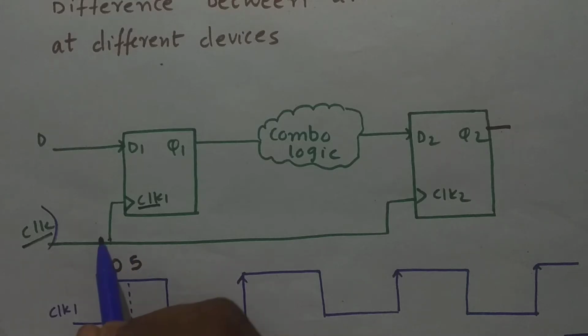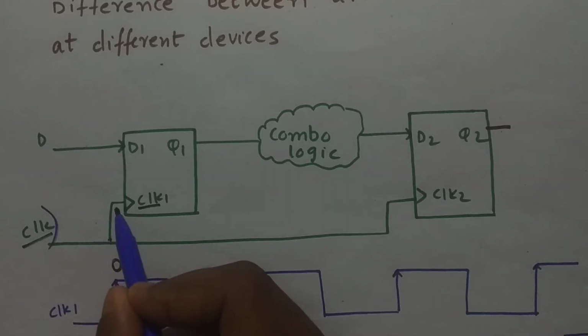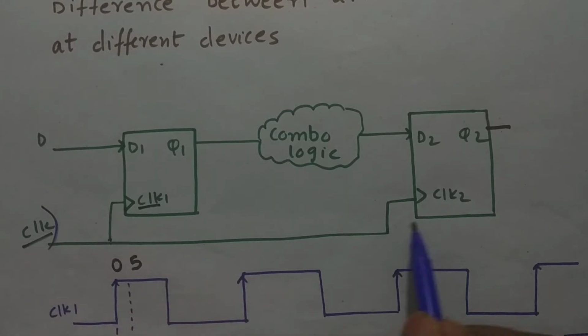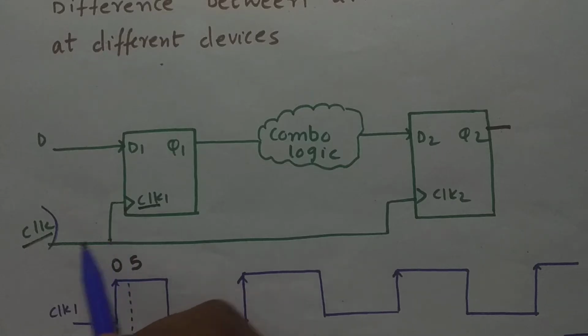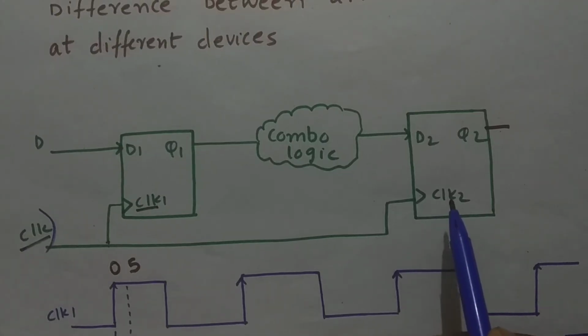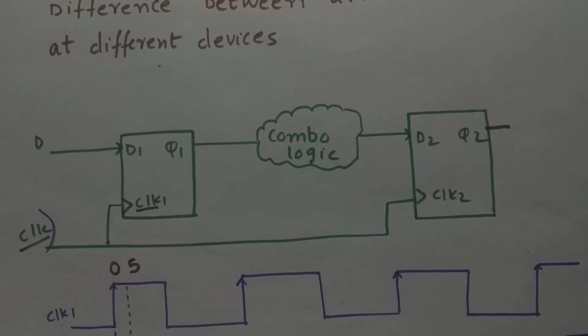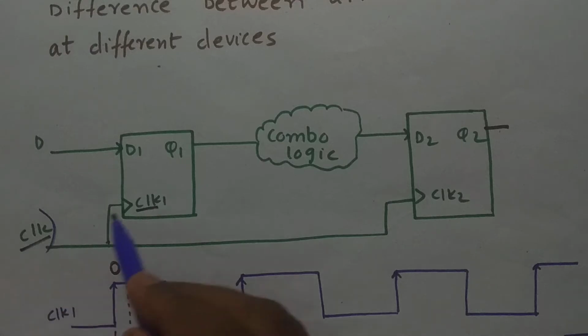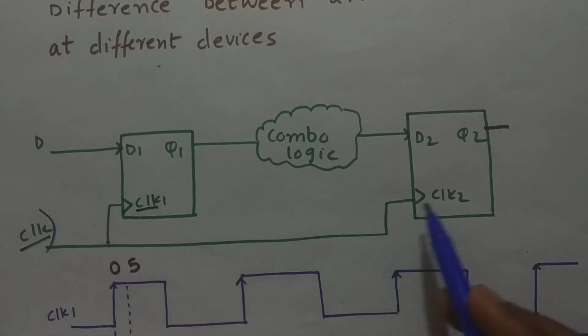You can say that the distance between clock and clock 1 is less and the distance between clock and clock 2 is more compared to clock 1. So the arrival time of this clock at clock 1 is faster than the arrival time of clock at clock 2. Clock is going to arrive faster at clock 1 than clock 2.